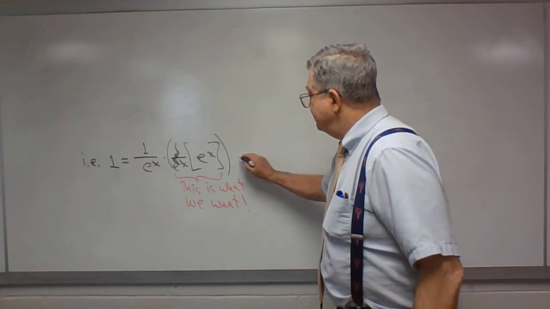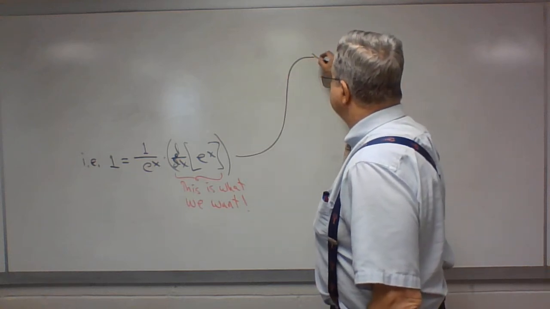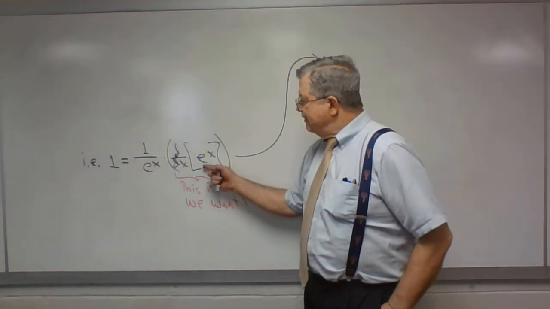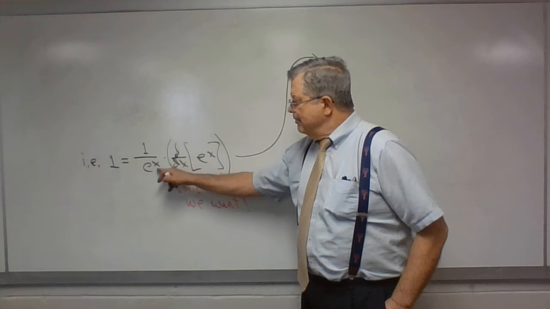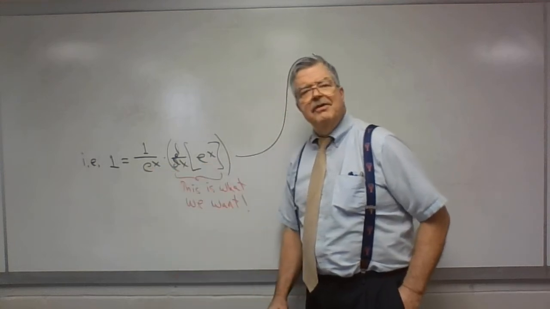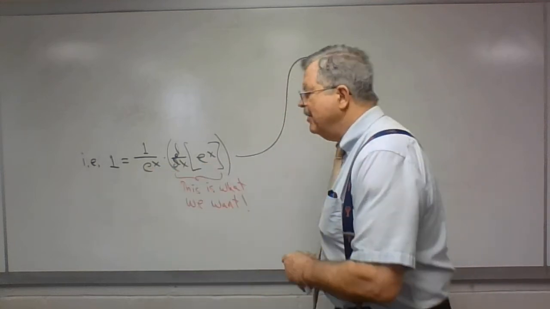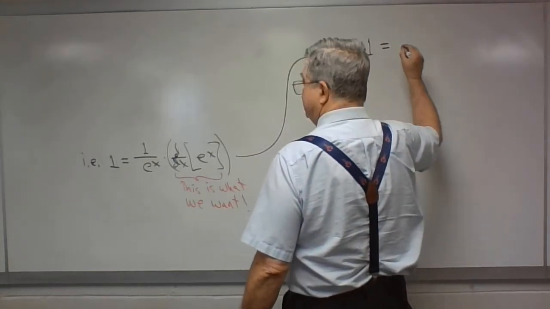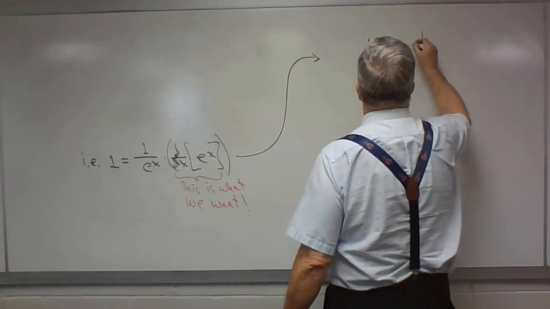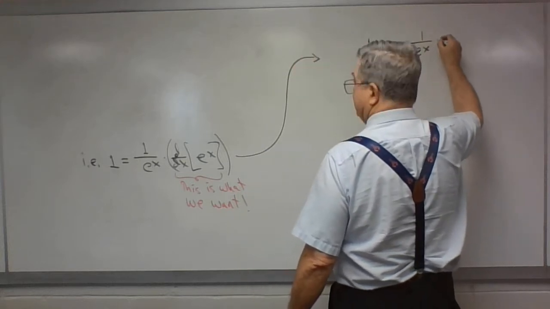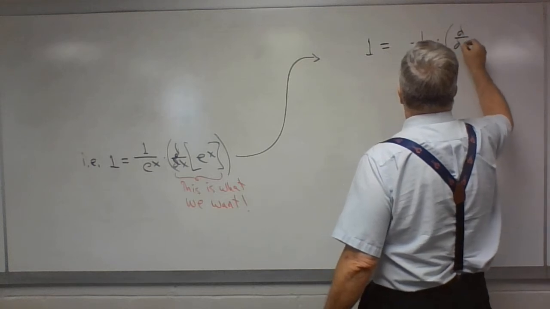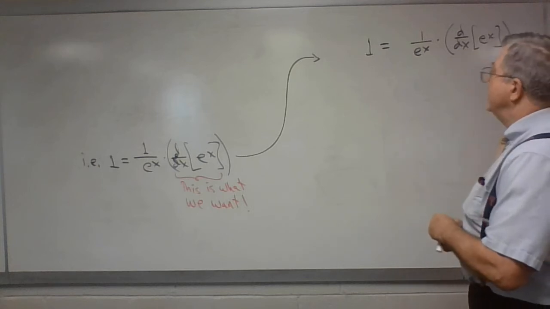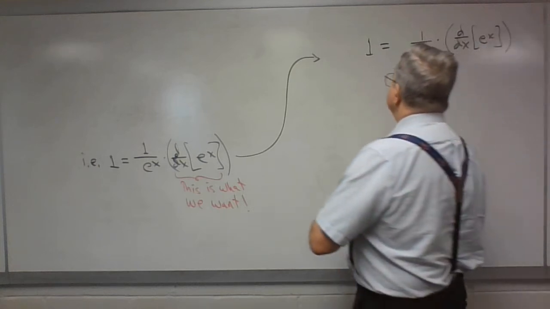Here's where we left off. To solve for this thing, I just move 1 over e to the x to the other side of the equation, so to speak. Or algebraically, I take the equation that I have, and I multiply both sides by e to the x.